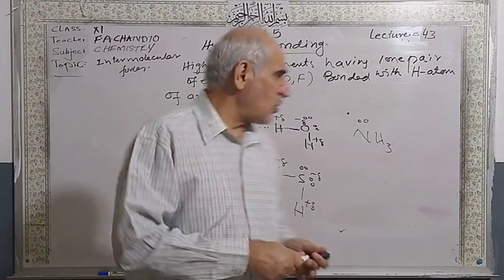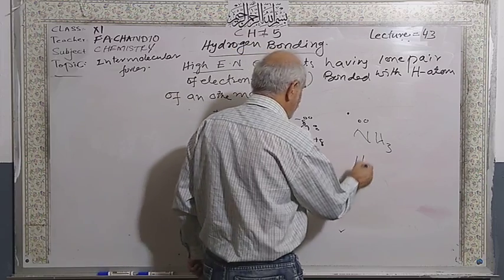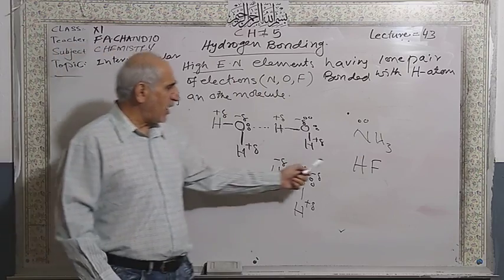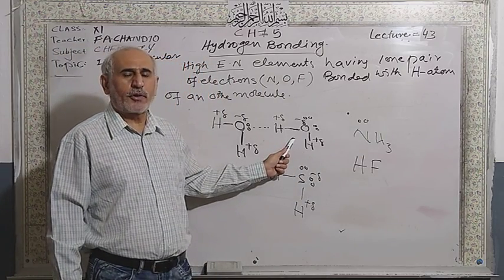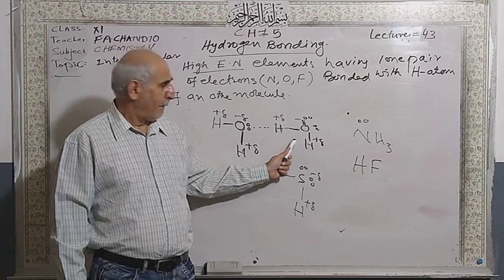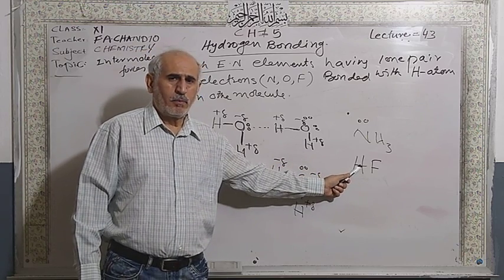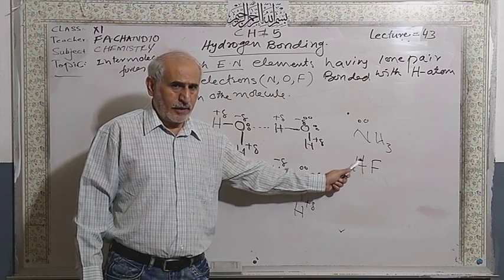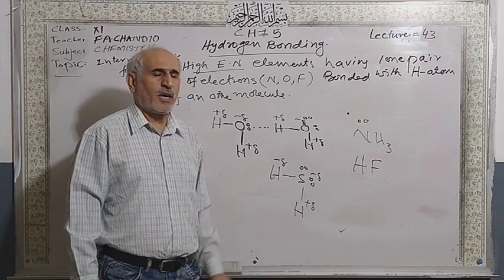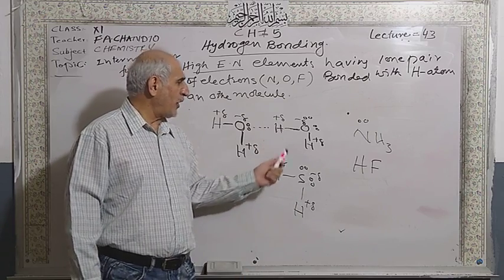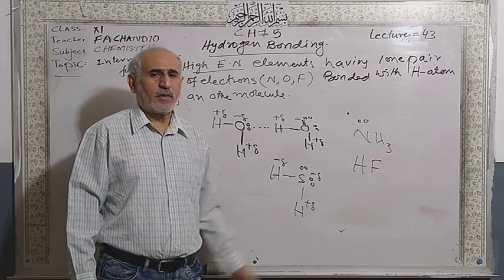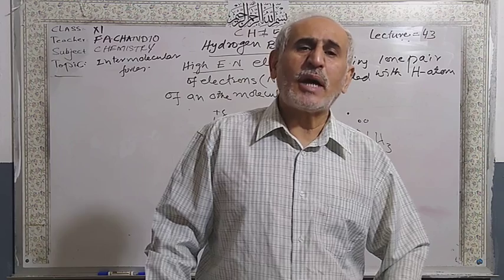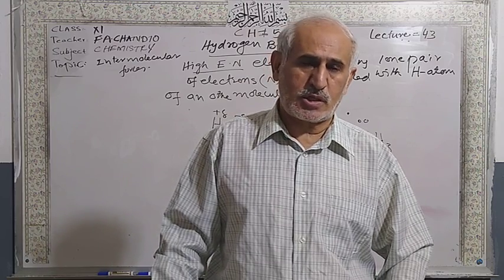Actually, if you look at hydrogen fluoride, the difference of electronegativity, the bond polarity between hydrogen and fluorine, is much more than that of water, but the boiling point of water is higher than that of hydrogen fluoride. The reason is that water forms more hydrogen bonds due to its two lone pair electrons.